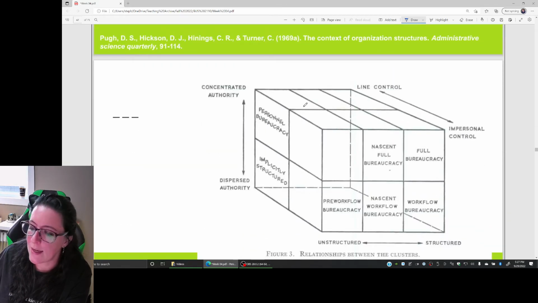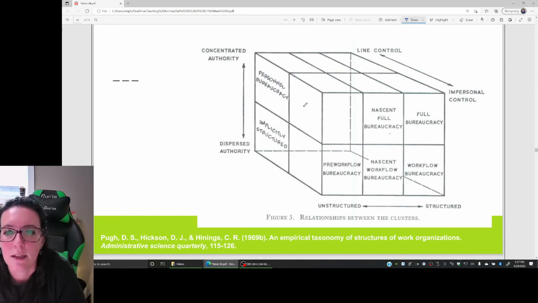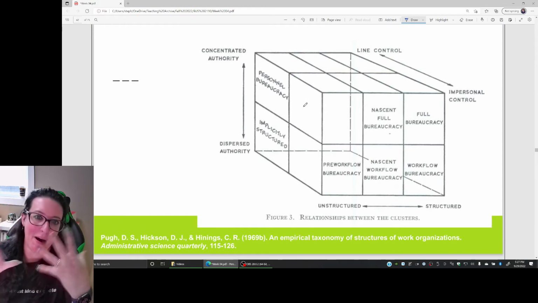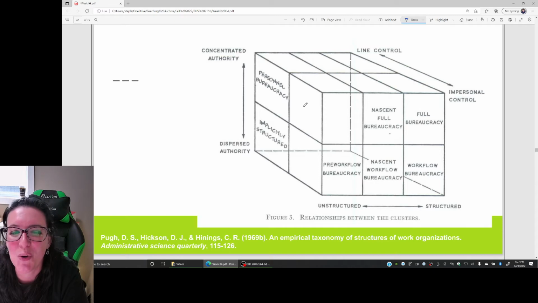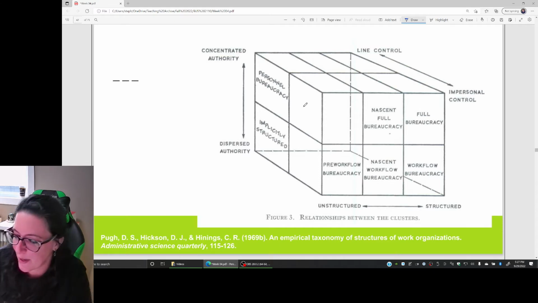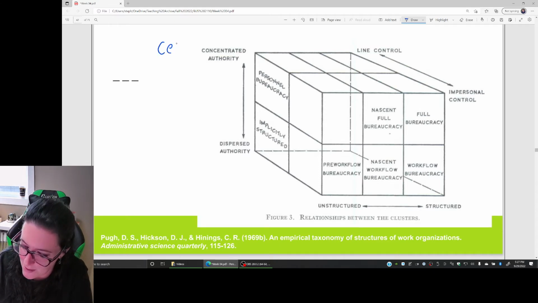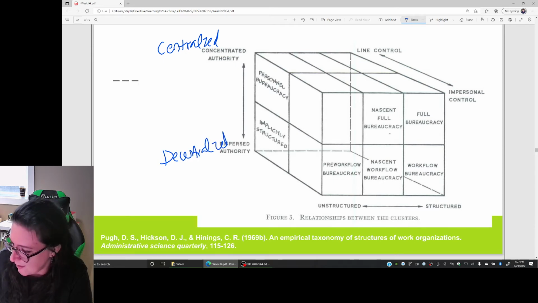He created this table here, or box, that shows the trade-off between the 2. So here we have centralized. Here we have decentralized. All right, so our structured is going to be the formalization.